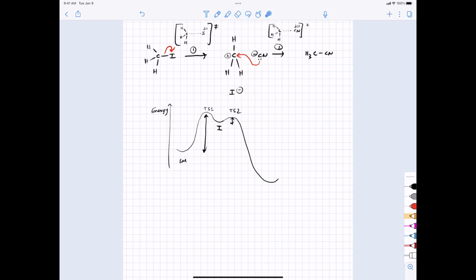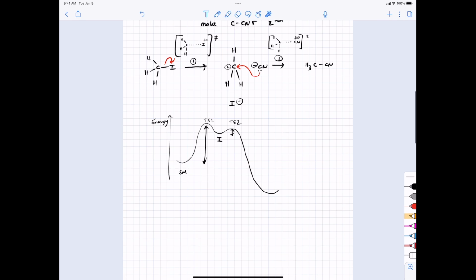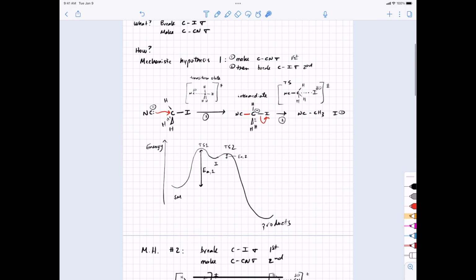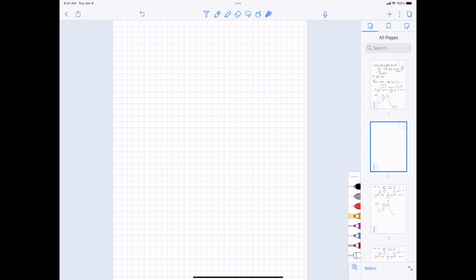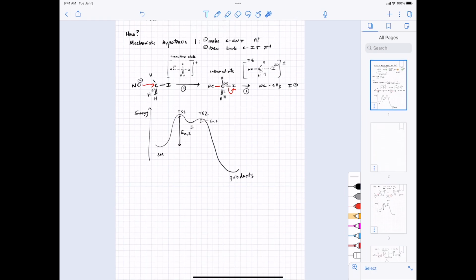Okay, let's talk about how you can tell one mechanism from another. One of the easiest ways to do this is to do experiments where you measure the rate of the reaction, and you see how the rate of the reaction depends on the concentrations of the starting materials.